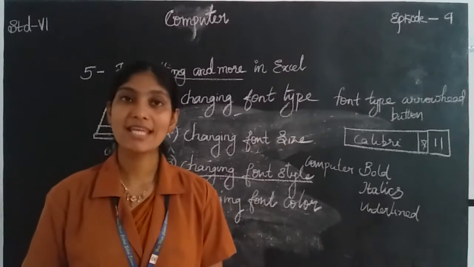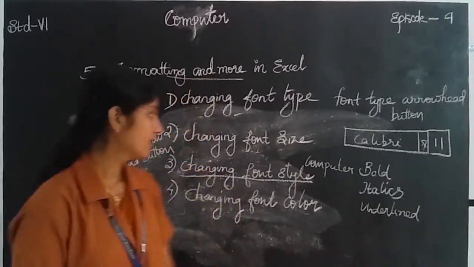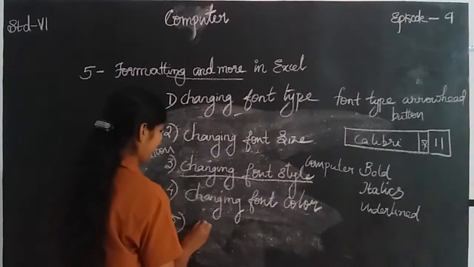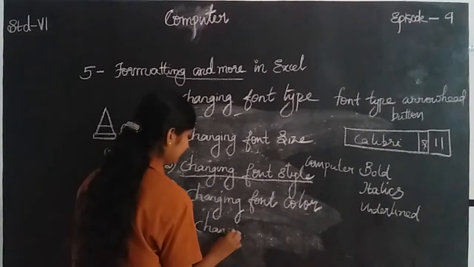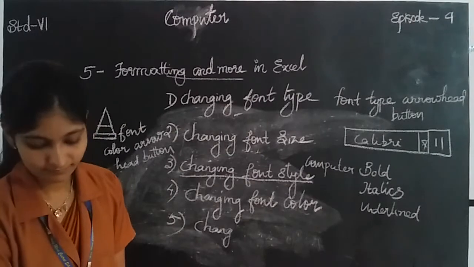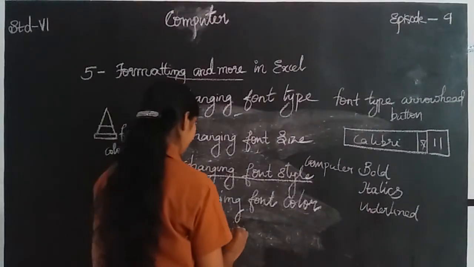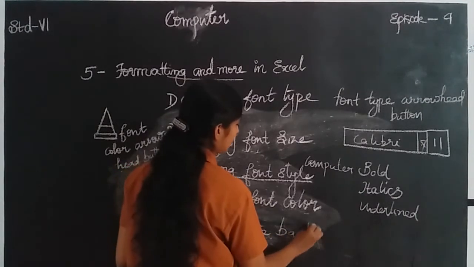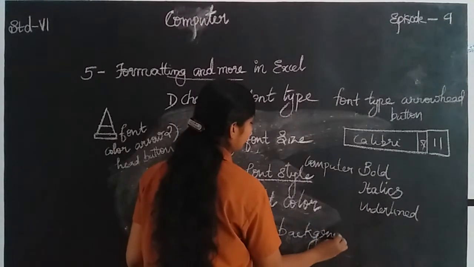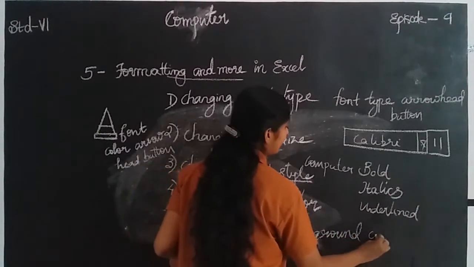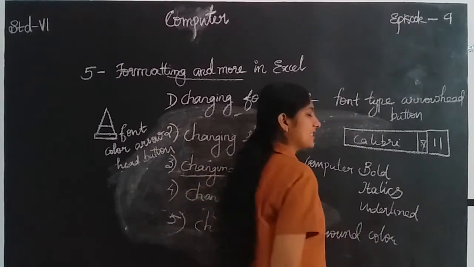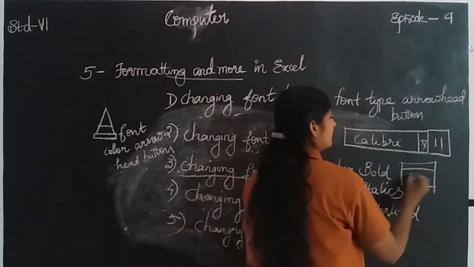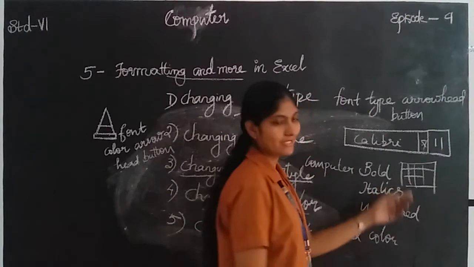Then next is changing the background color. So next is what? Fifth one, changing the background color. Changing the background color means, for example, this is your Excel and by default it is in white color.